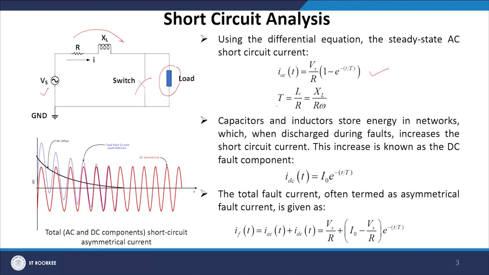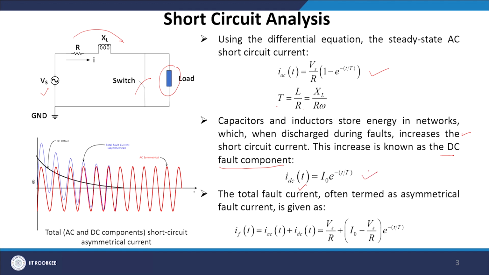Capacitors and inductors store energy in the networks, which when discharged during fault increases the short circuit current, and this increase is known as DC fault component and given by IDC, which is I naught times e to power minus t by tau.